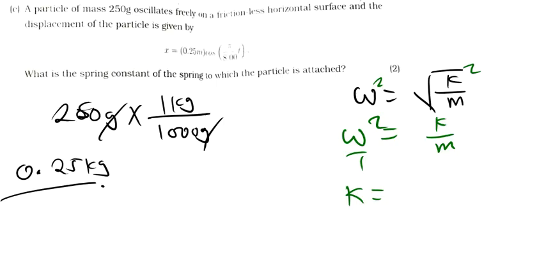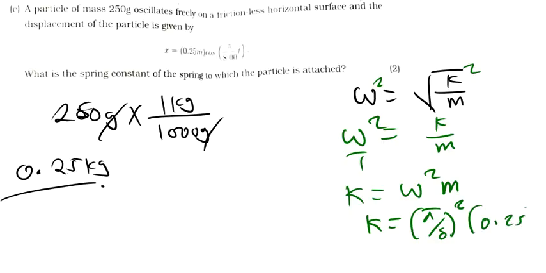K will be equal to the angular frequency, pi over 8 squared, times the mass, 0.25, like that. What would be our k value? So we have pi divided by 8. The answer I find, I square it, times 0.25. So the k value is 0.0386 Newton per meter.